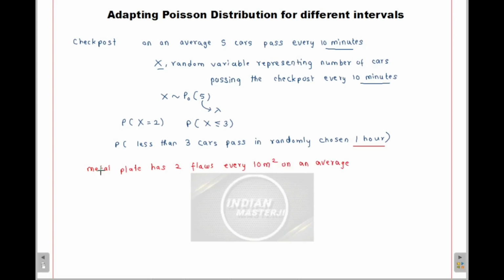So we would have represented the number of flaws every 10 meter square by a discrete random variable y, and we would have said y would follow a Poisson distribution with the parameter 2, where lambda is equal to 2.